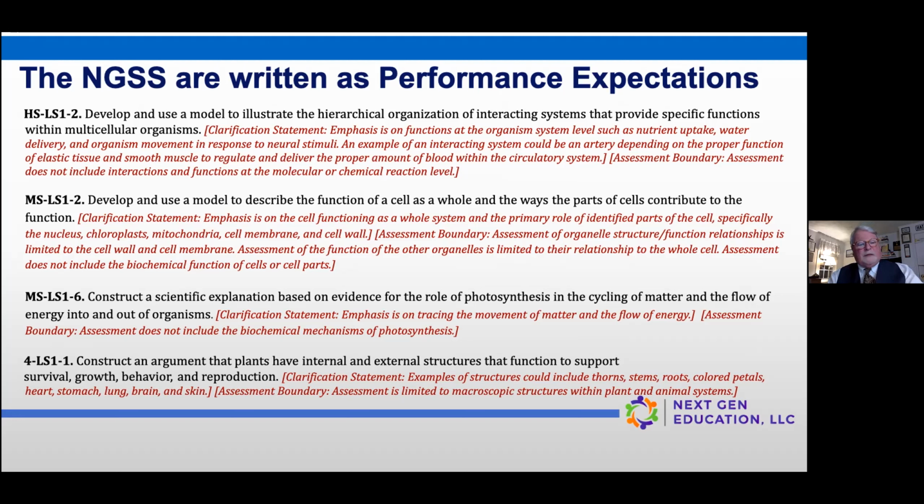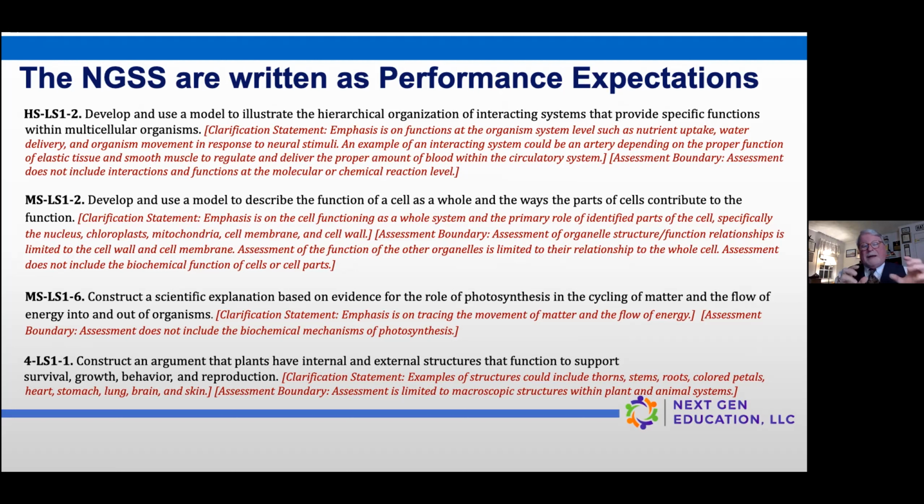So, for instance, these four, ranging from high school to middle school to elementary school: develop and use a model to describe the function of a cell as a whole and the parts the cells contribute to the function. I can see a student doing that, developing a model or constructing an explanation based on evidence of the role of photosynthesis.